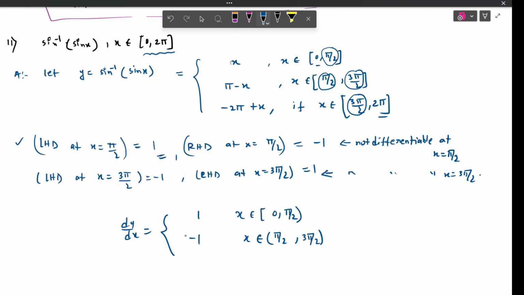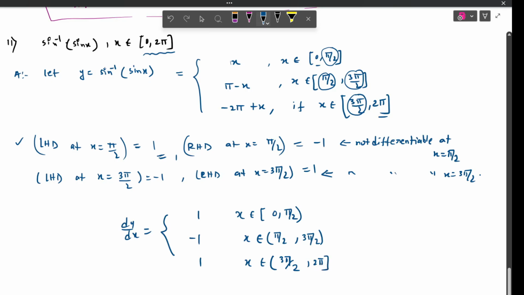The differentiation of x minus 2 pi is 1, when x belongs to 3 pi by 2 comma 2 pi. Here you will have a closed interval. Okay, this is how you have to find the differentiation of this function in this format.